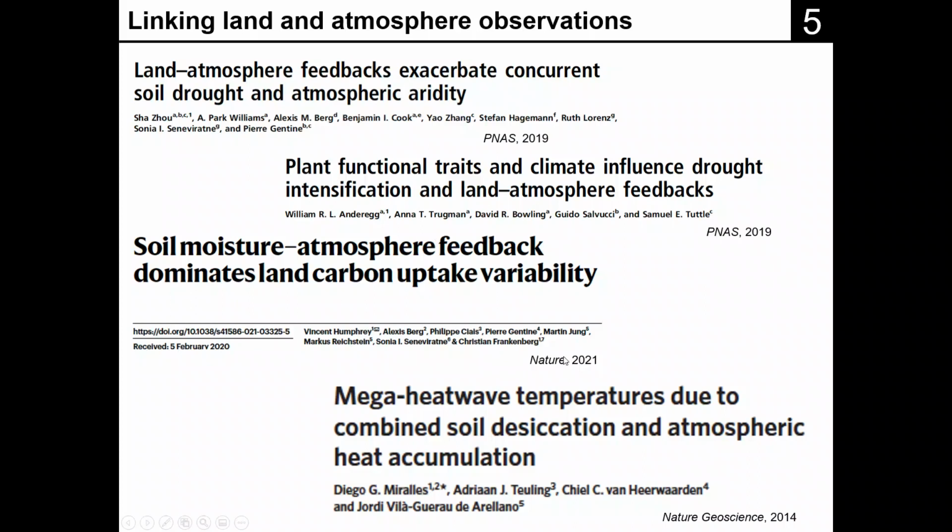A lot of these studies relied heavily on modeling approaches, and what would be really great to get out of this workshop is how we can improve our observational capabilities to tackle these kinds of questions also from an observational side.